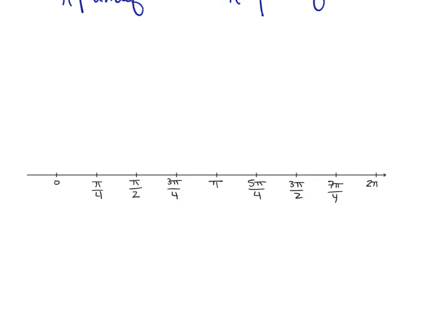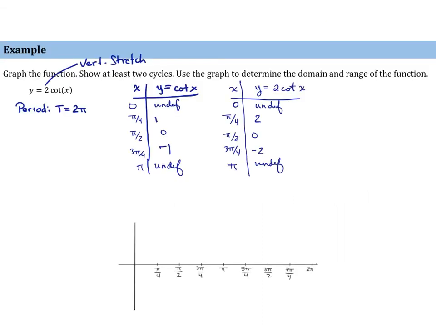Finding our x equals 0 corresponds to our y-axis. So let's put our 1, actually not 1, we want to put 2 and -2 on our y-axis. And we know that x equals 0 corresponds to a vertical asymptote, as does π.